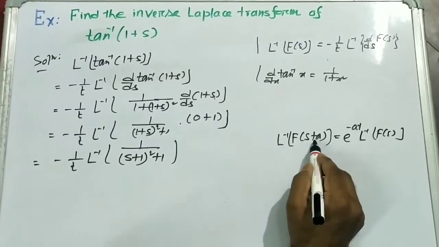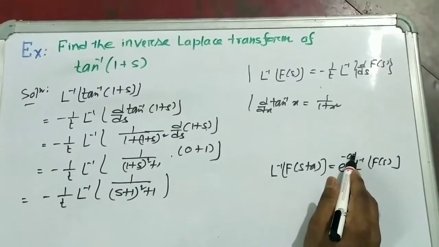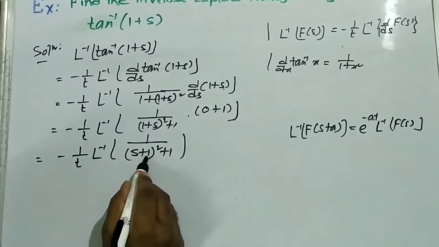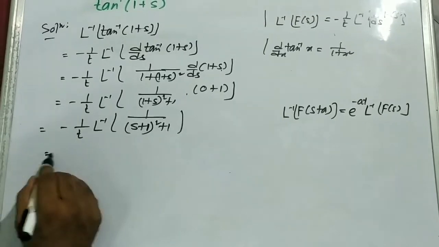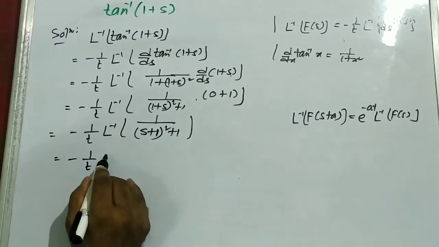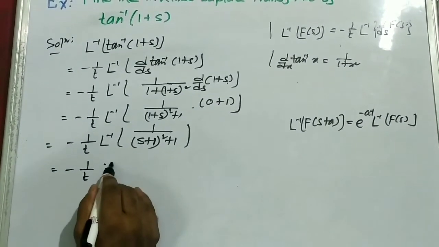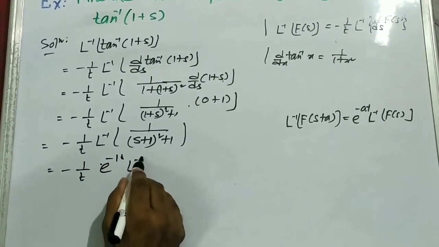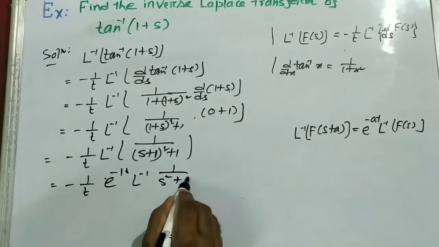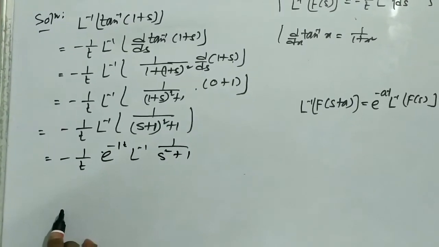So this a becomes here minus at. So we assume this a means 1. We remove this 1. Then this will be minus 1 by t, e to the power minus 1t, L inverse of 1 by s square plus 1. So we get this one.